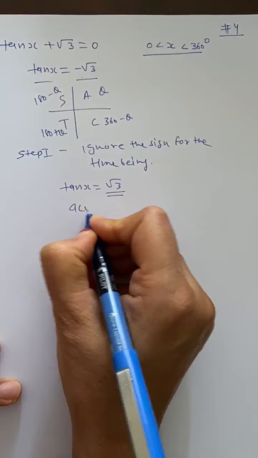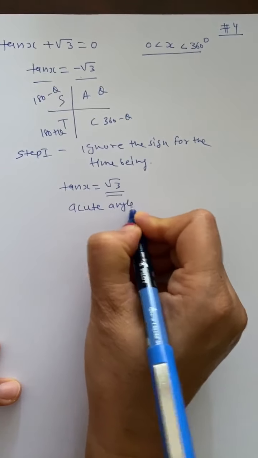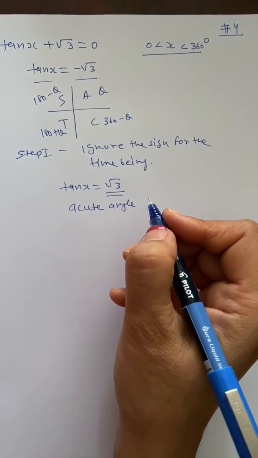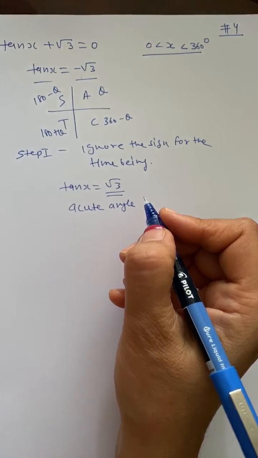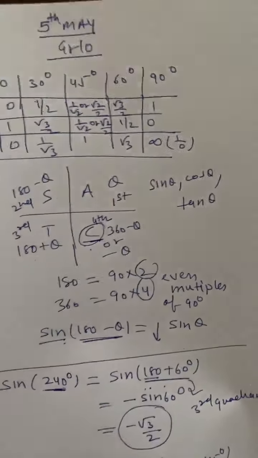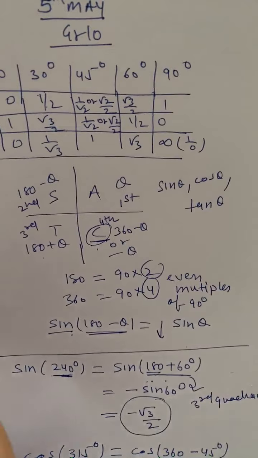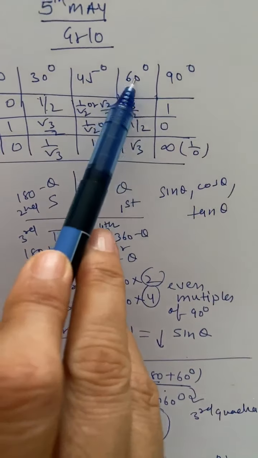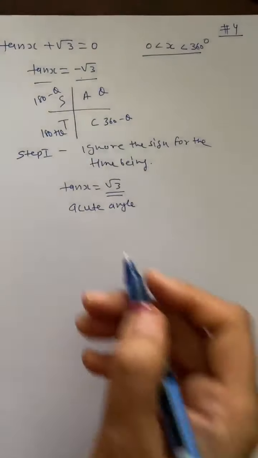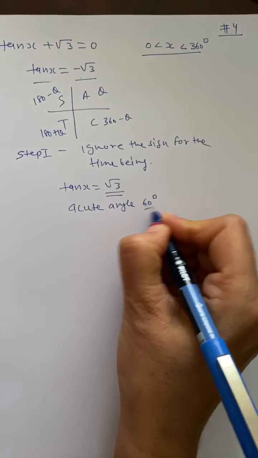What is the acute angle when I have tan x equal to square root of 3? Again, I really hope that you memorized those values. So I'm going to bring the table here, and you can see tan theta is square root of 3 when theta is 60 degrees. So I know the acute angle is 60 degrees here.